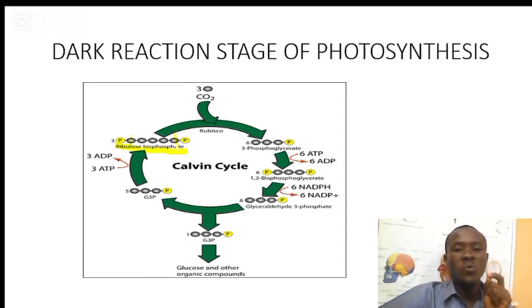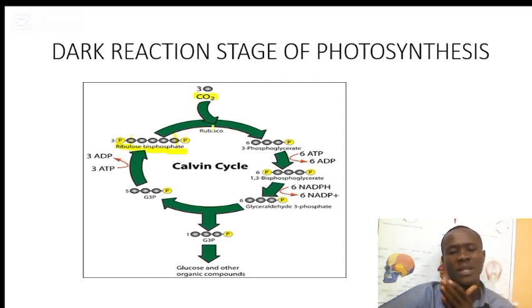The ribulose 1,5-bisphosphate is the one that accepts the carbon dioxide, CO2, with the help of an enzyme called rubisco, ribulose 1,5-bisphosphate carboxylase oxygenase.